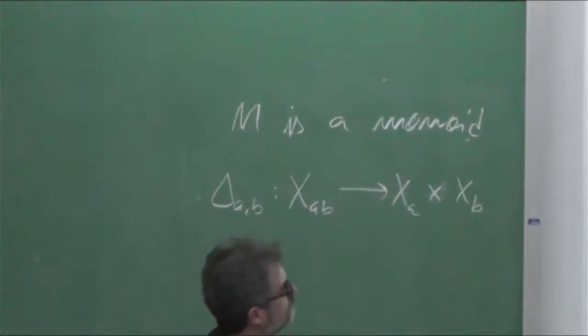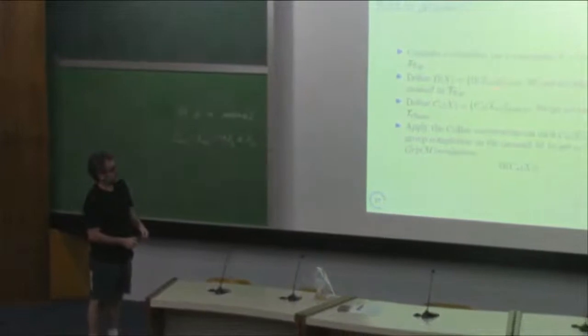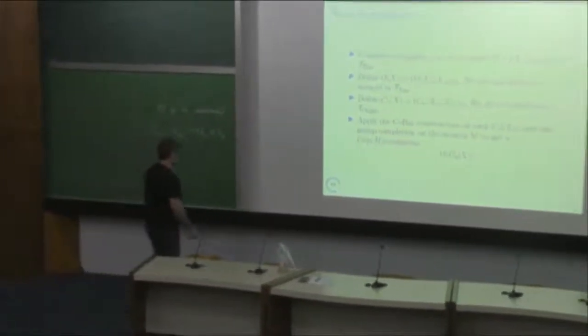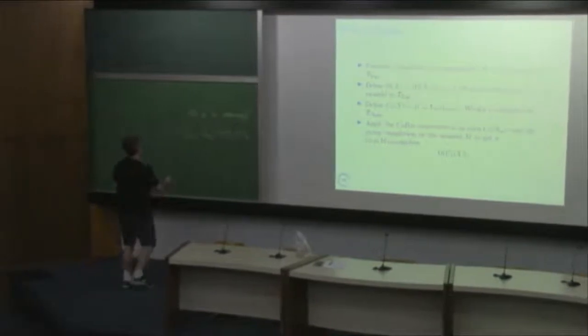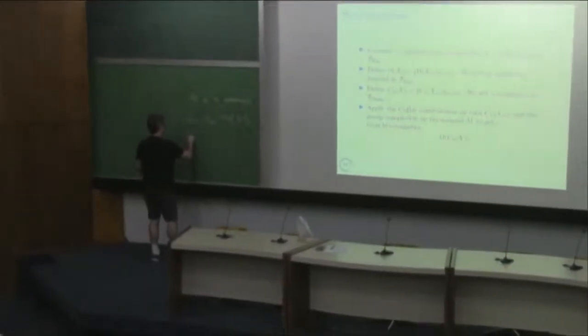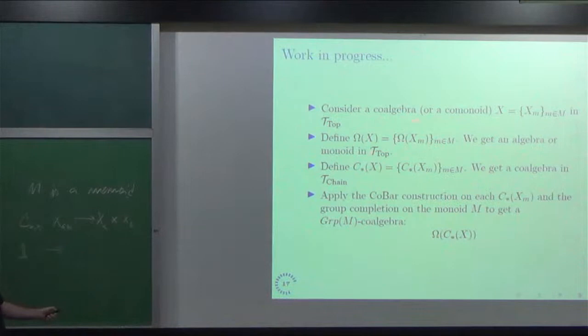so if I'm going to take loops, I need the base point. And I need the base point in each element. So this comonoid, this coalgebra has to be co-augmented. I need a morphism from the identity element, because this is a monoidal category.